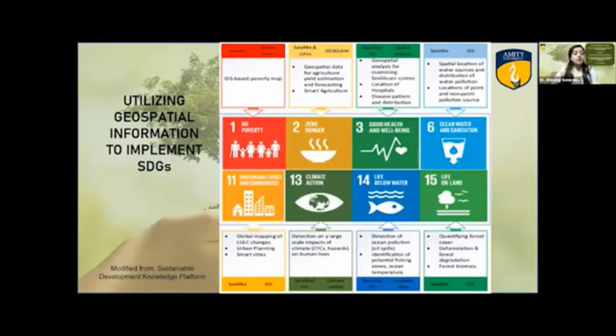Now talking about SDG 14, that is life below water. So this goal addresses the sustainable use and conservation of ocean, seas, and marine resources.